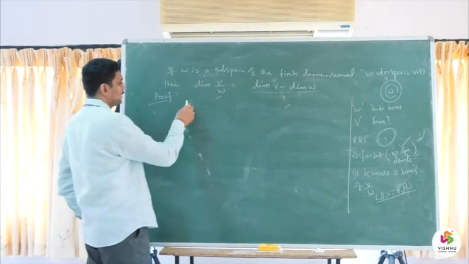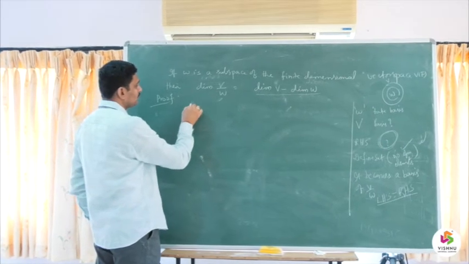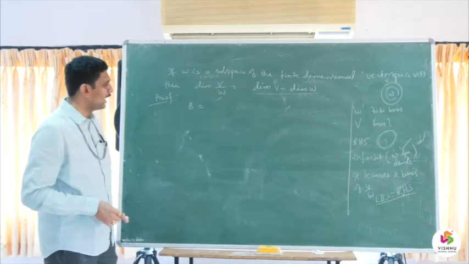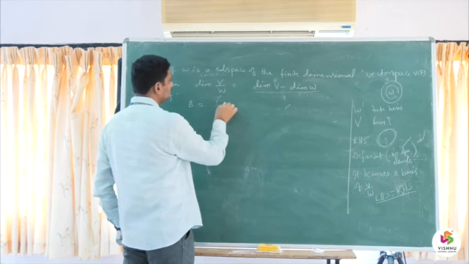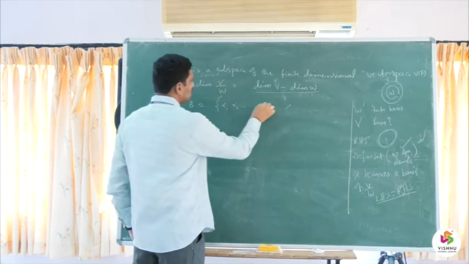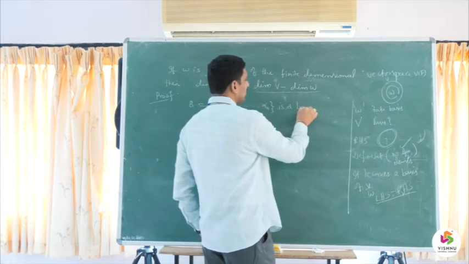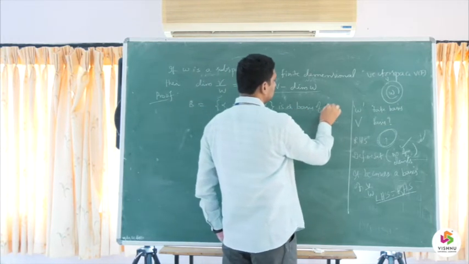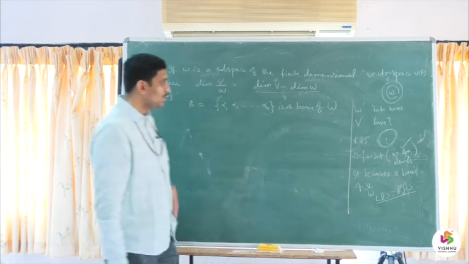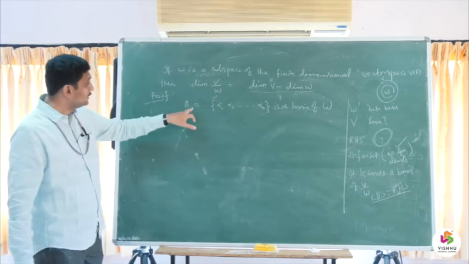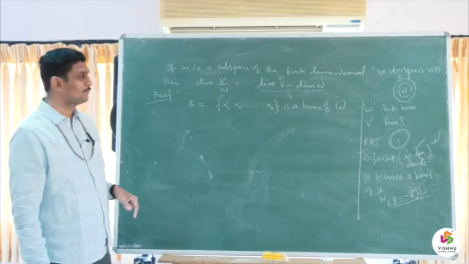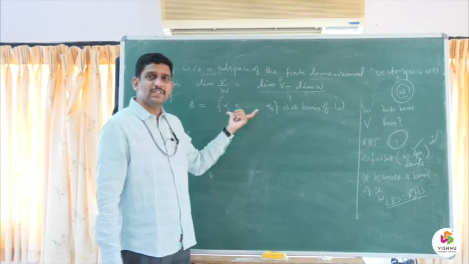So let us take, say, capital B is equal to alpha 1, alpha 2, and so on up to alpha n, a basis of W. So you can imagine that this is a set in W. Total how many elements are there?